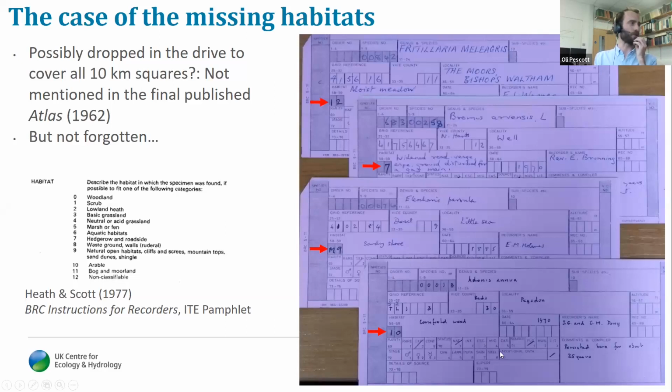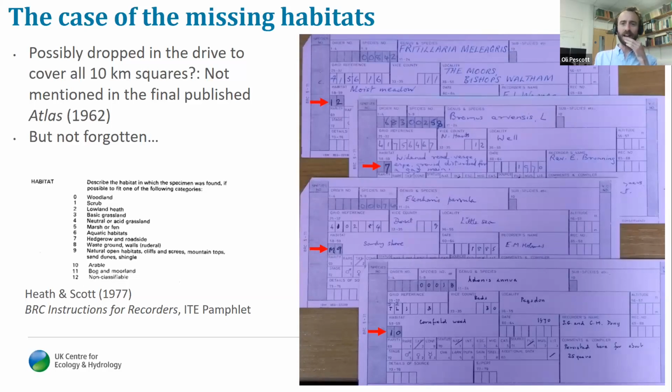You can see here a little screenshot from a 1977 pamphlet which listed those codes, which actually came from that first BSBI Atlas. The pink cards here, kind of individual record cards for rare and local species occurrences, and you can see those red arrows just point to where those codes have been filled in.